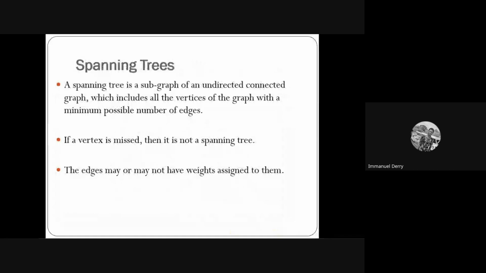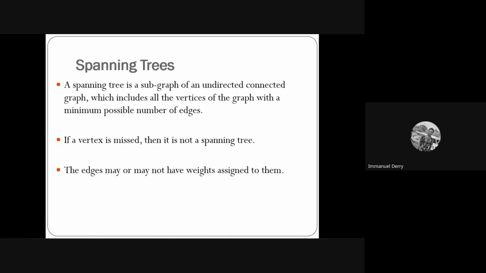All right, so let's talk about the spanning trees, which we came across in the algorithm class. The spanning tree is basically a subgraph of an undirected connected graph. This condition is very much important. It includes all the vertices of the graph with a minimum possible number of edges. If you miss one of the vertices, it's not a spanning tree.